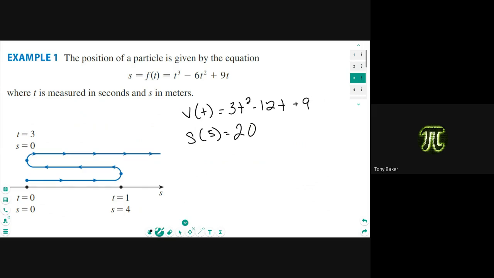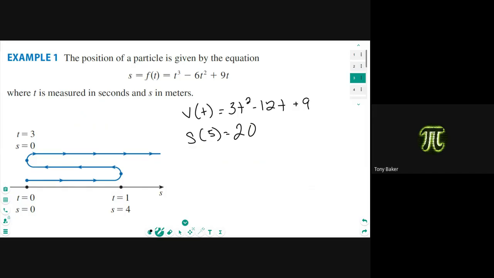So when we're looking at this, we actually have to look at how far it went from 0 to 1, how far it went from 1 to 3, and how far it went from 3 to 5. Because those are all distances that it went.